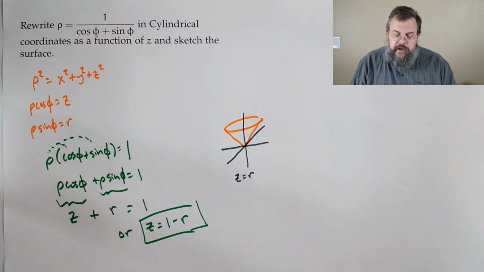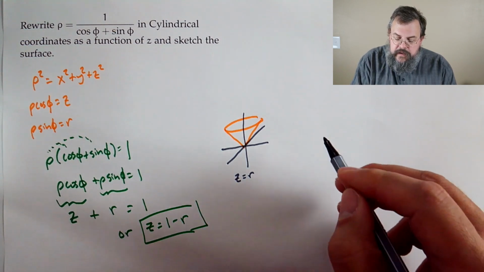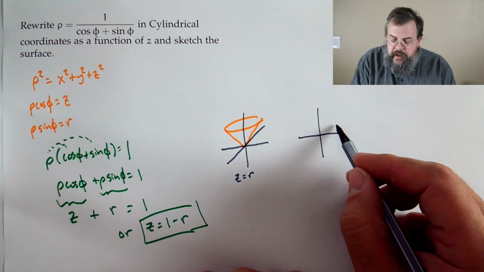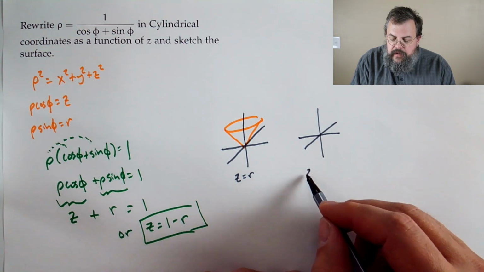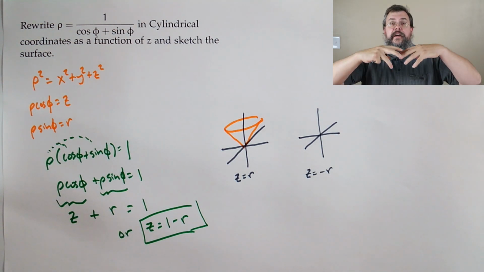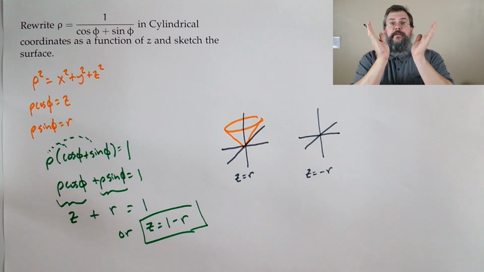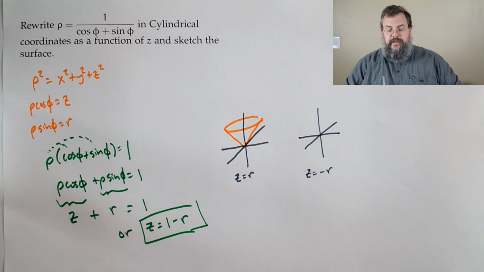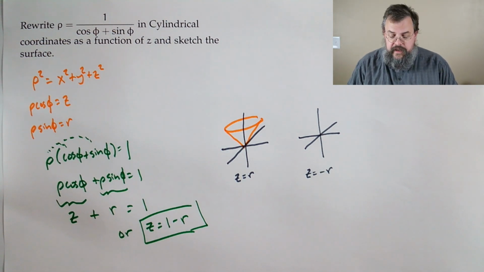Suppose now we take our basic shape and say, instead of z equals r, let's say z equals minus r. What's the effect? Can you see it? The effect is we're going to turn it upside down. So if it was going up, now it's going to go down. So that's what the minus r does.